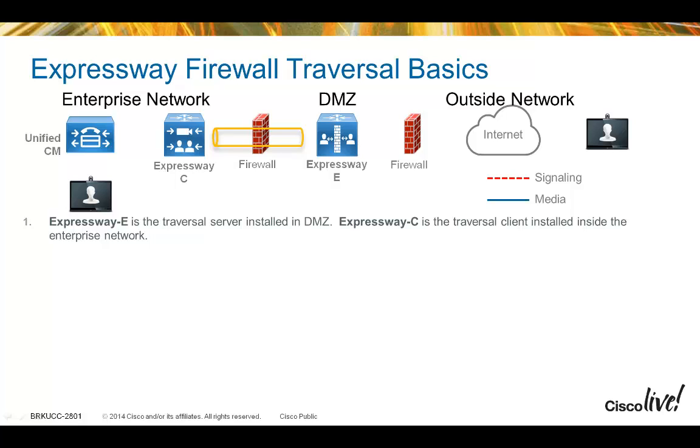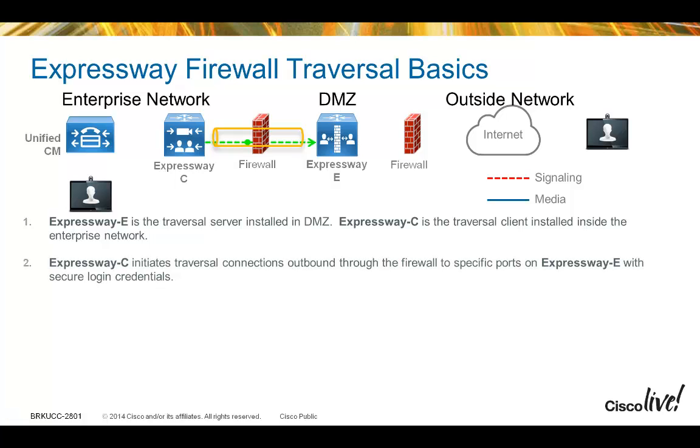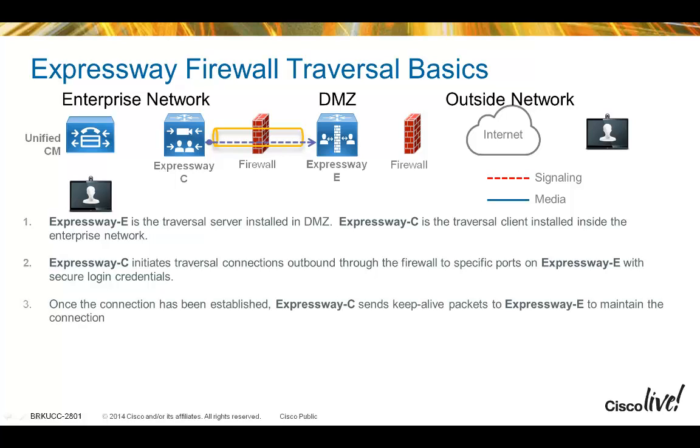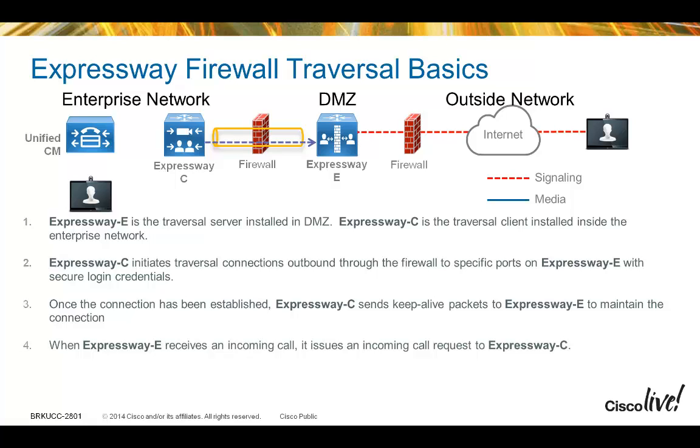So Expressway E is the traversal server. C is the client. Connections are always established from the inside out. So this makes the firewall team happy, right? We don't need to open anything inbound on that internal firewall. Once we get this connection up from the C to the E, we're going to use a TCP, typical kind of keep alive mechanism to keep that up and running.